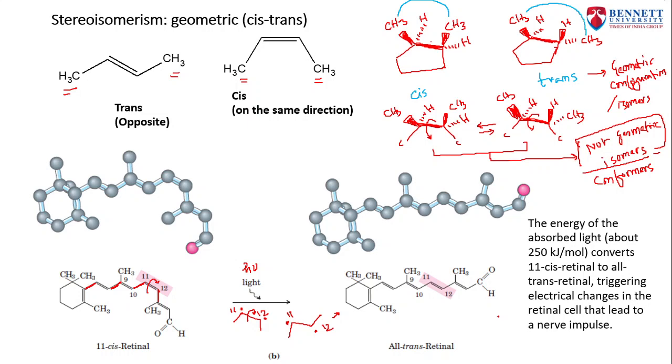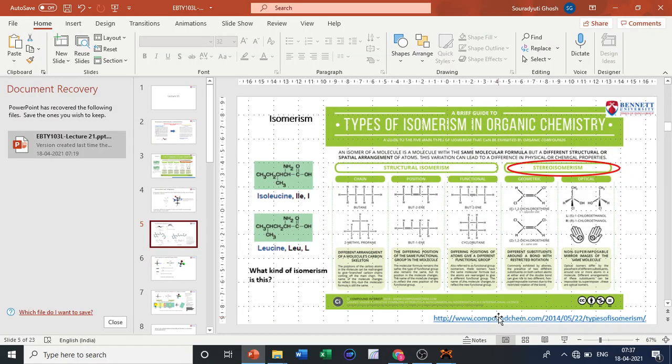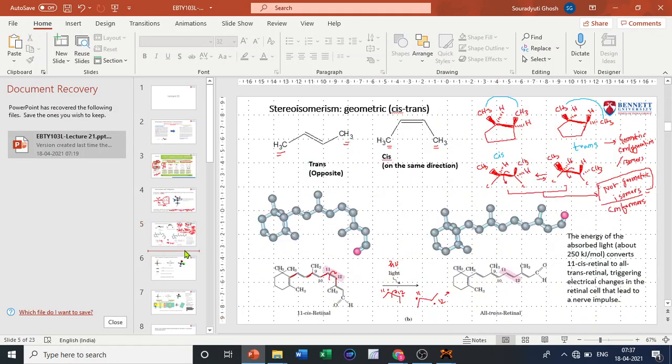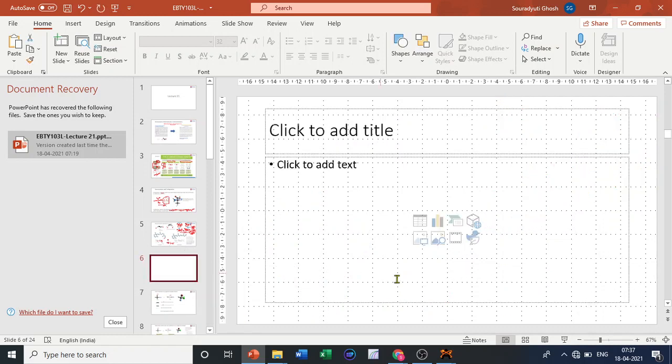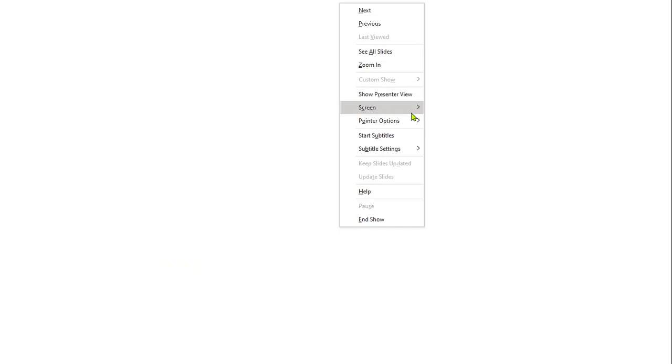Okay, so one more example is the EZ isomerization, which is similar to cis and trans. I'll quickly go to one slide and discuss this.